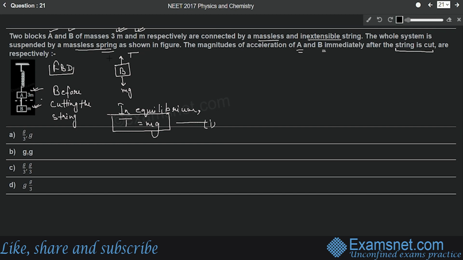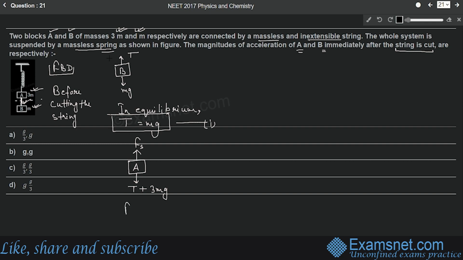Now if we look at the second block, that is block A, the upper block, right? What are the forces acting downward? So downward there is one tension in the string, because the string is there below the block A, plus the weight of this block, that is 3 mg, because the mass is 3m for this block. So this is the total downward force, and upward force for this block is the spring force, because spring is present above the block A. Again in equilibrium we can say that these two forces will balance each other.